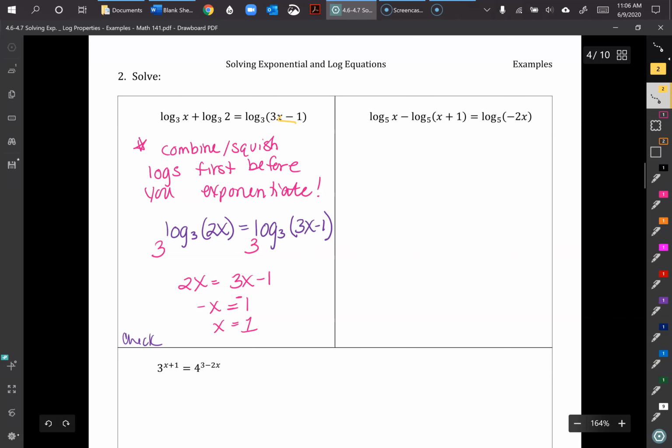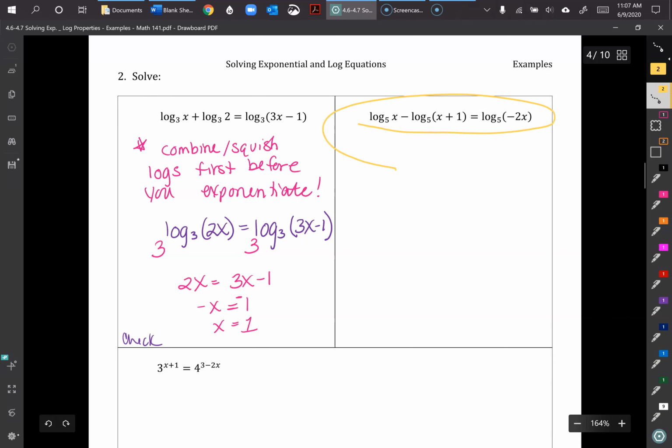And if I were to calculate each side of this in my check, if I did log base 3 of 1 plus log base 3 of 2, I would get the same thing here, log base 3 of 2. Because we know that anytime we have a 1 there, it's going to be 0. Actually, I don't even need a calculator.